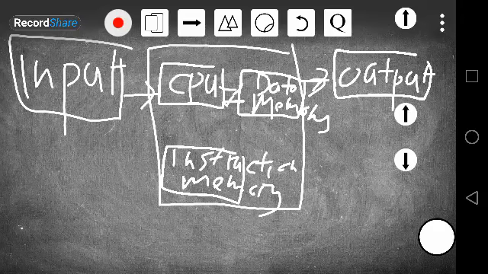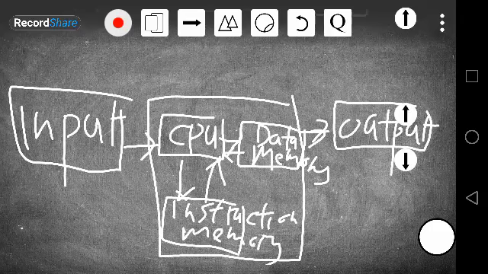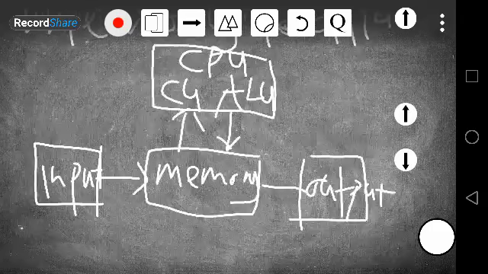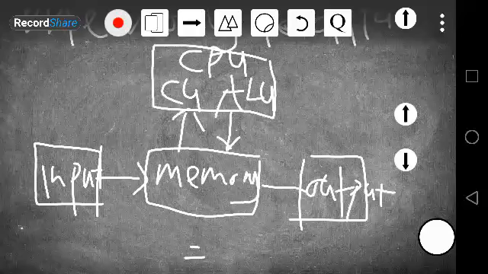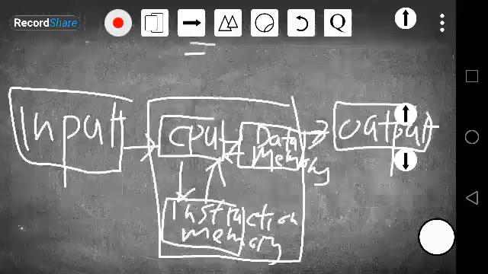Okay, so we are saying the data memory and the instruction memory are separate. Unlike the von Neumann architecture, which is the same chip, in Harvard it's different.